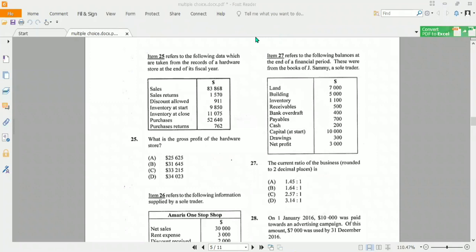Okay? So bring your calculator when you're going to your exam. Now, you need to calculate gross profit. How do we go about calculating gross profit? How do we calculate gross profit?